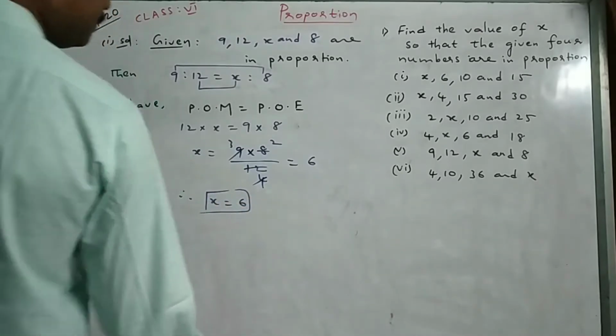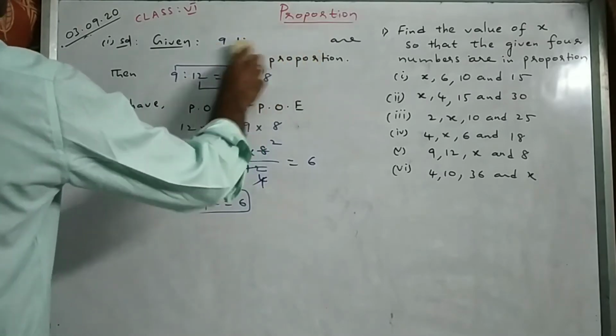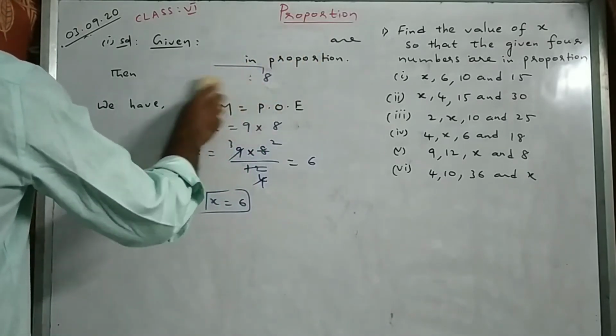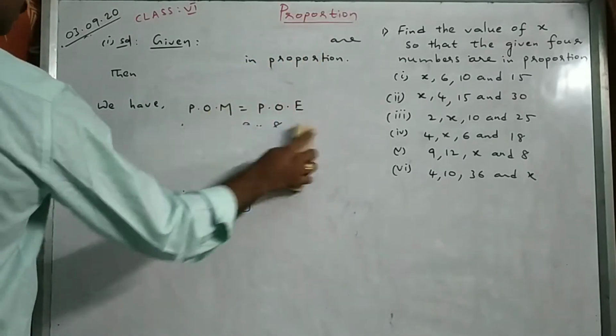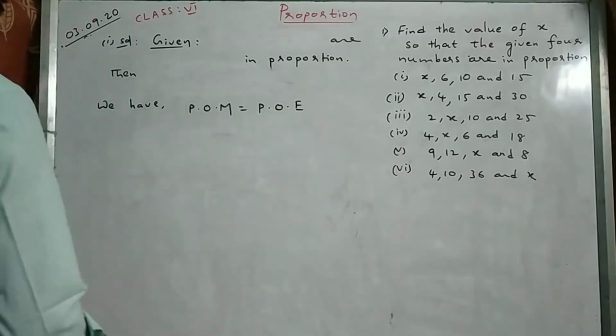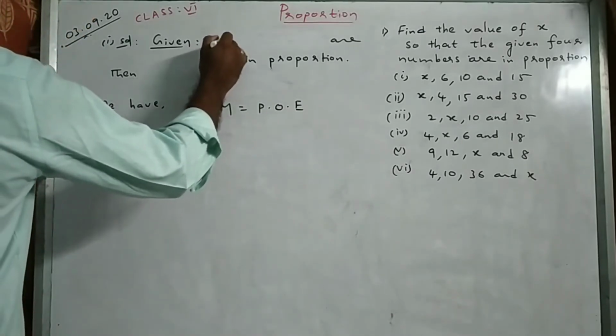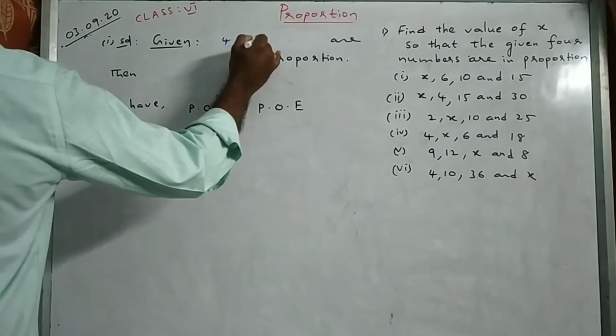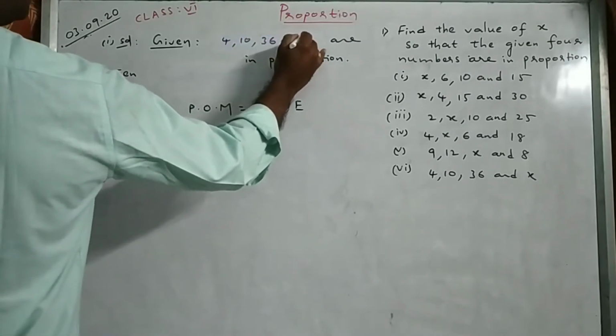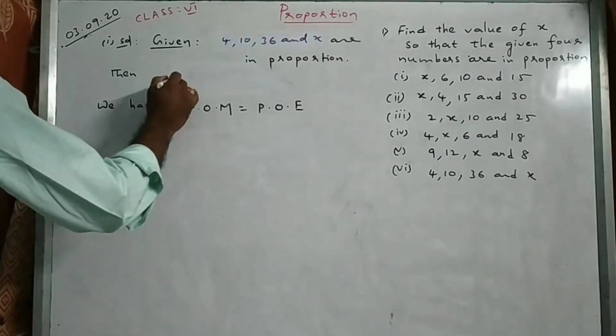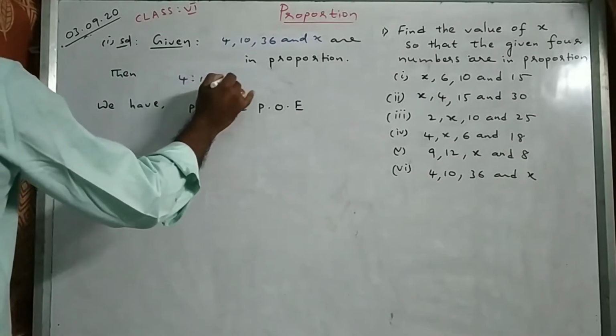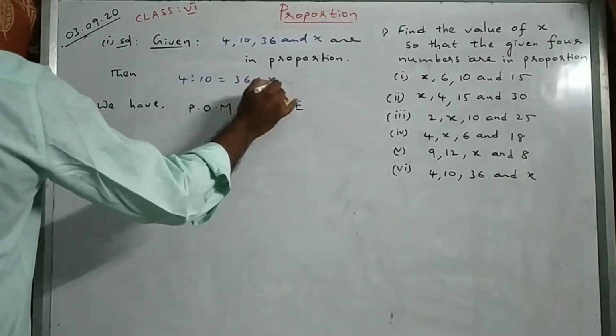Last one. Four, 10, 36 and x. 4 is to 10 is equal to 36 is to x.